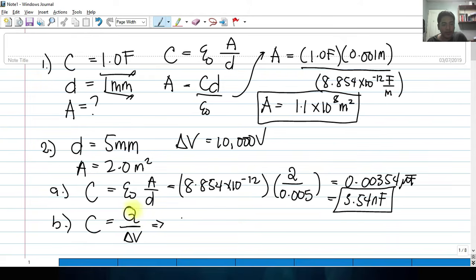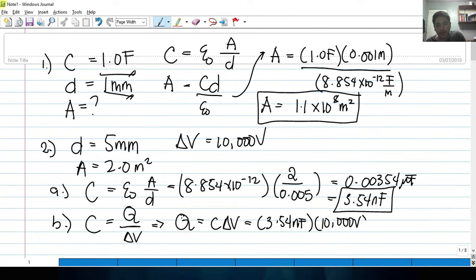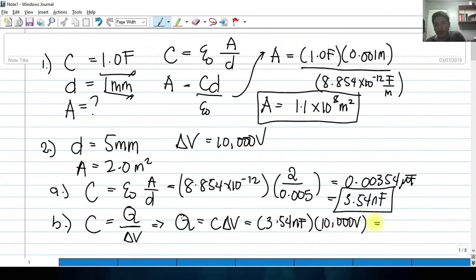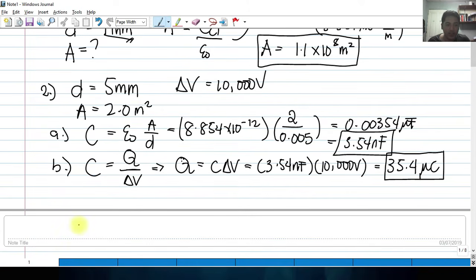In terms of charge, Q is equal to C times delta V. So we have 3.54 nanofarads multiplied by the potential difference, which is 10,000 volts. Our answer should be 35.4 microcoulombs. Remember that this is charge, the charge on each plate.